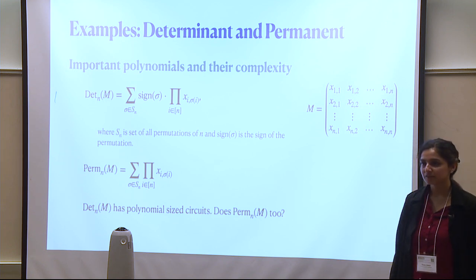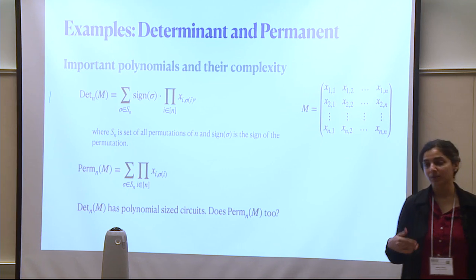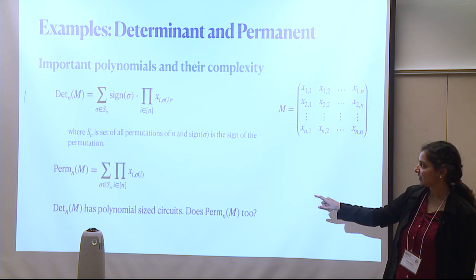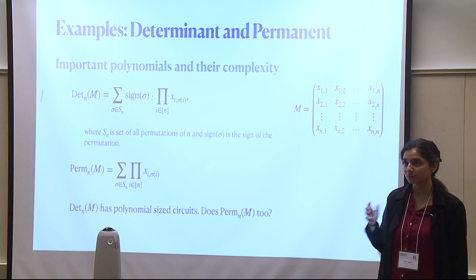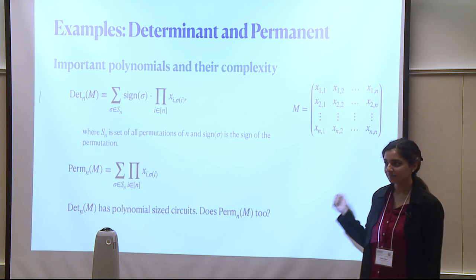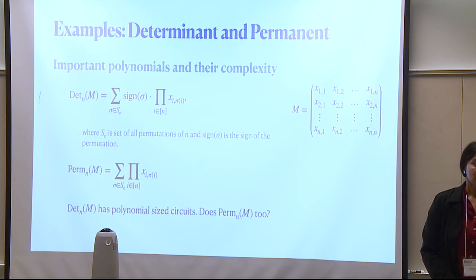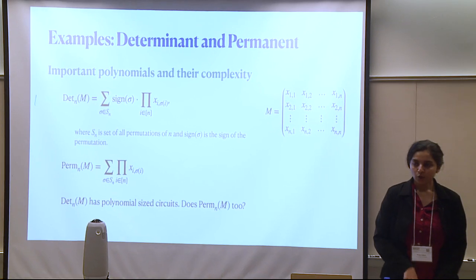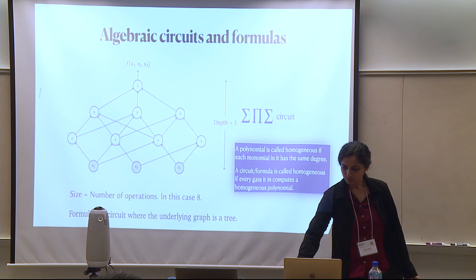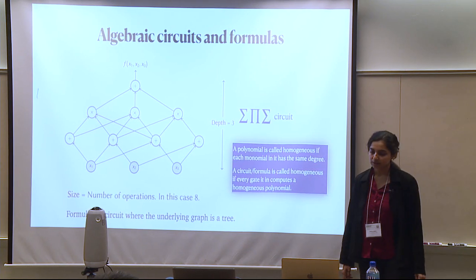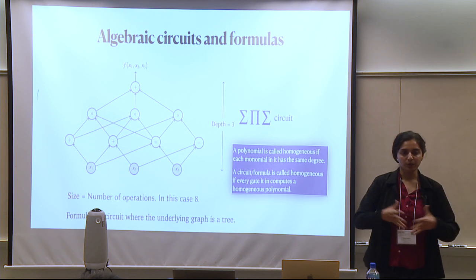Very good question. The question was, can inhomogeneous circuits compute homogeneous polynomials? Yes. In fact, on the next slide, we'll see such an example where inhomogeneous circuits can do wonders sometimes. What is a homogeneous circuit? A homogeneous circuit is a circuit where every gate inside it computes a homogeneous polynomial.